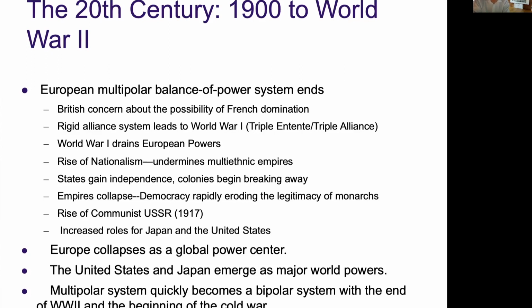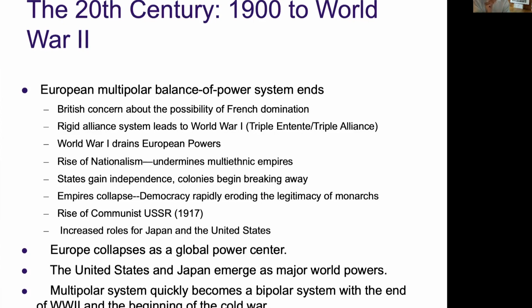What we also have to see is that World War I drained European powers. It was very expensive in terms of economic power, but also in terms of loss of life. It was a very big war which drained the European countries overall, so their power declined within the international system. This loss of power created all kinds of different mechanisms, some domestically, some on the international stage.